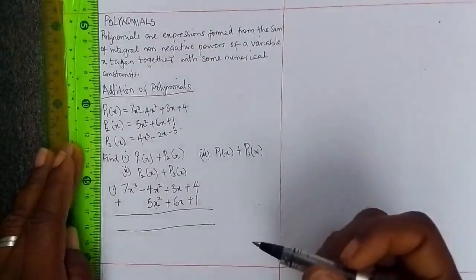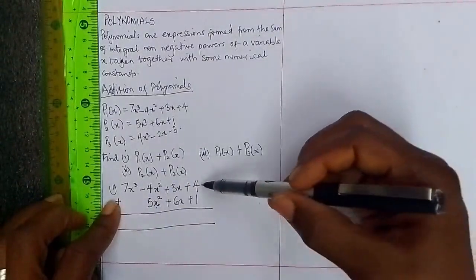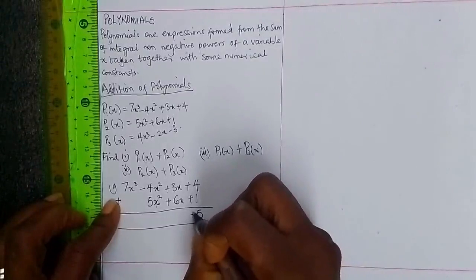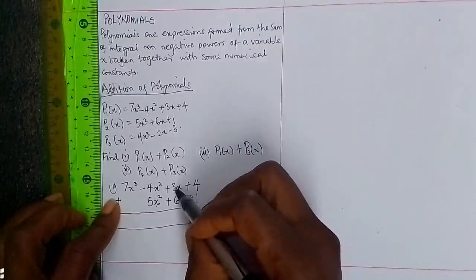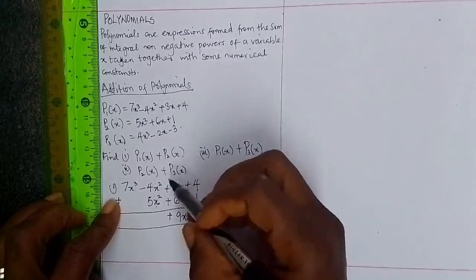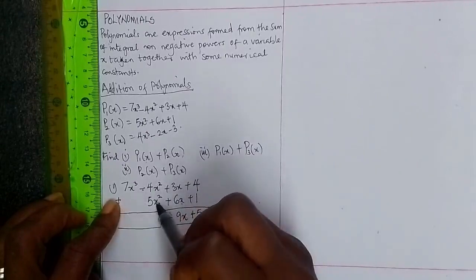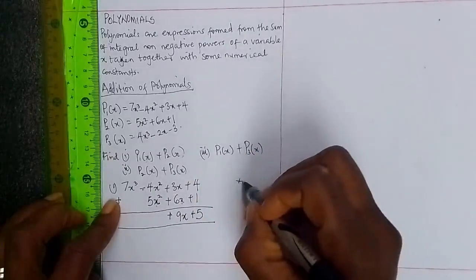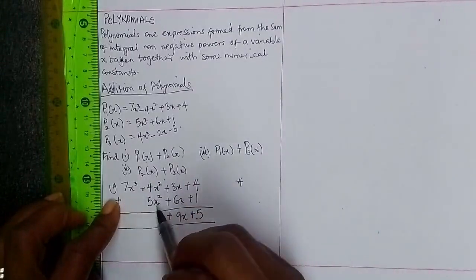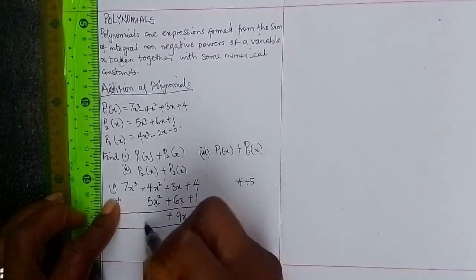We add, okay? We're using this sign here. 4 plus 1 will give us 5. 3x plus 6x gives us plus 9x. Okay? Minus 4x squared plus 5x squared, minus 4 plus 5 gives us what?